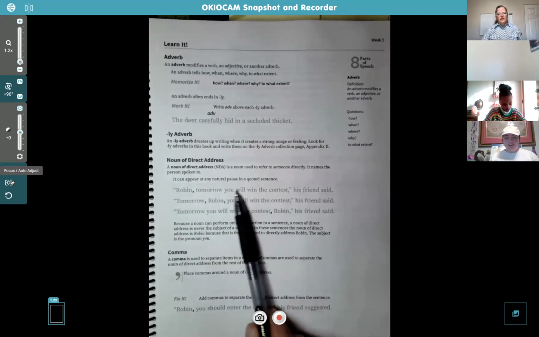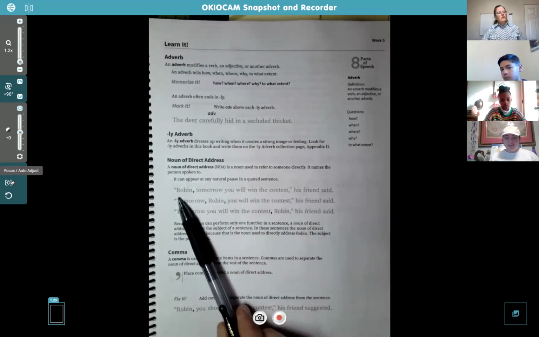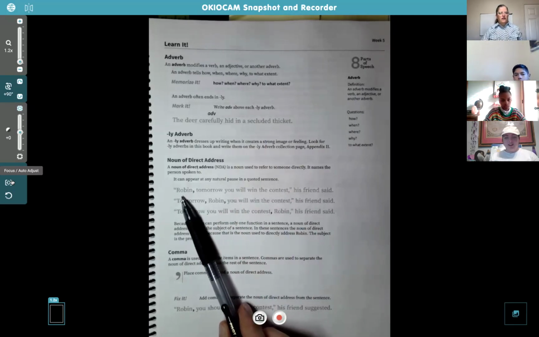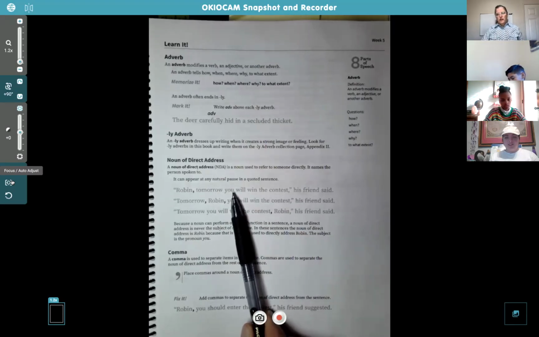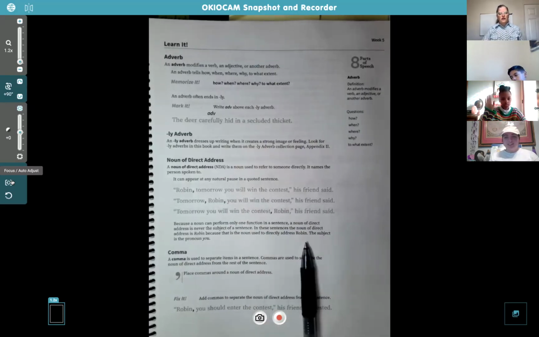So when you see this in this book, the subject is not going to be the person that they're addressing. It's going to be you. And it's usually you because they're talking to that person. Okay. That's what this paragraph explains right here. It's the pronoun you is the subject.